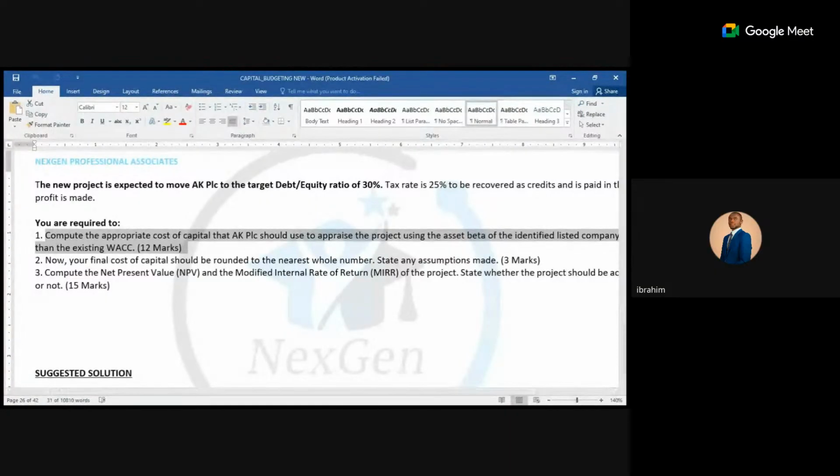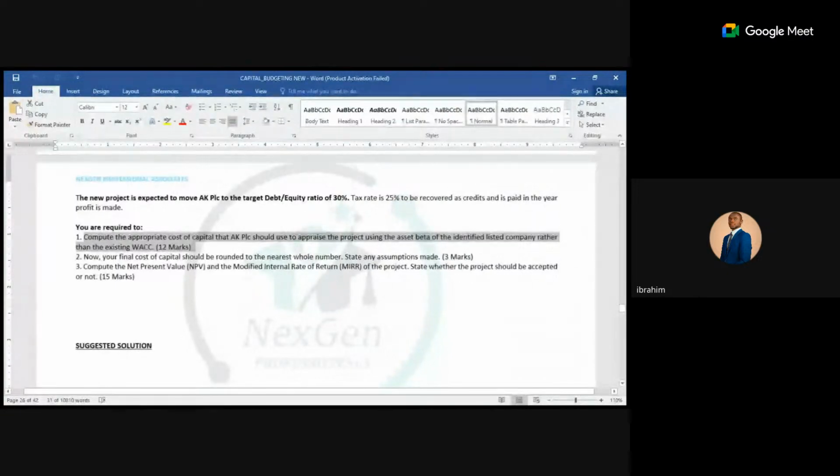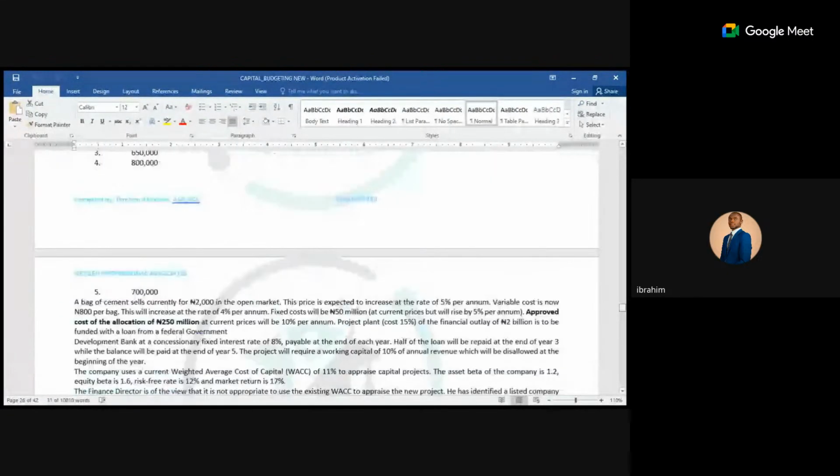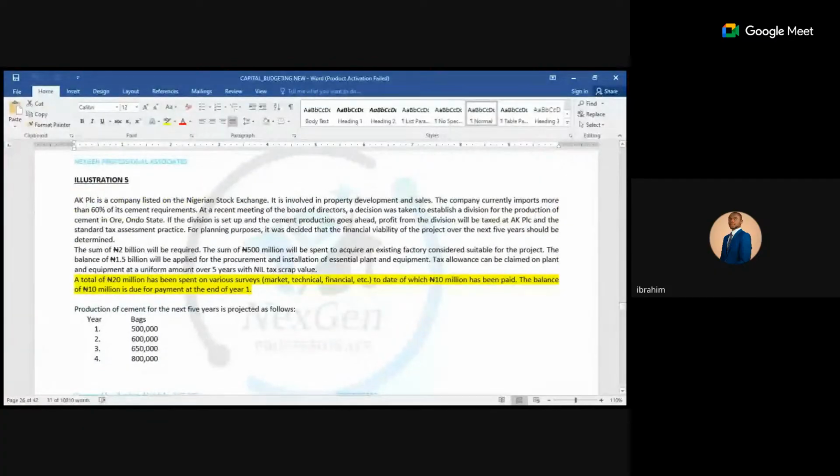So the appropriate cost of capital we want to calculate should include risk. Please, you can read the question now.